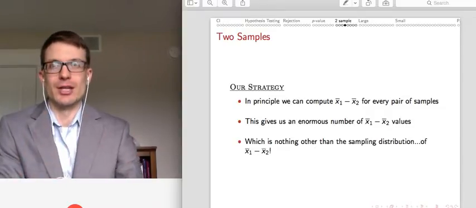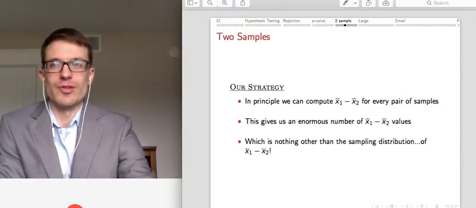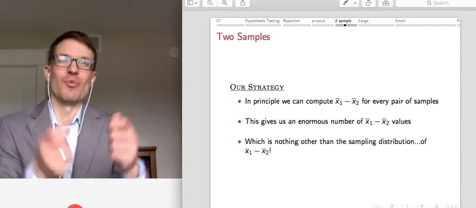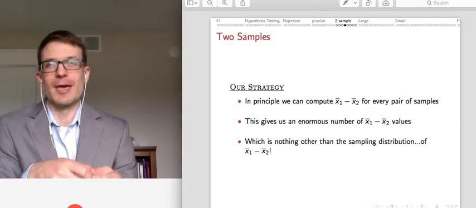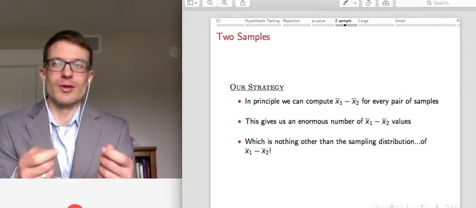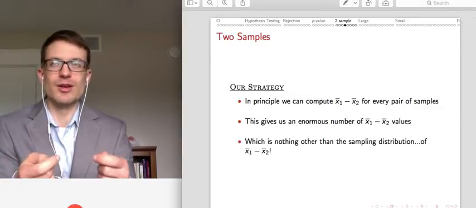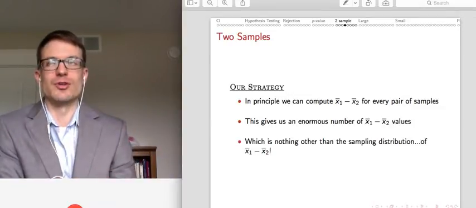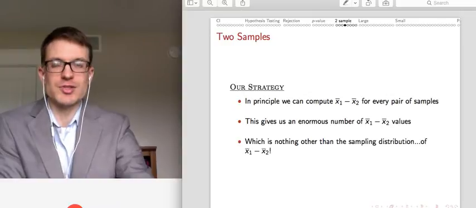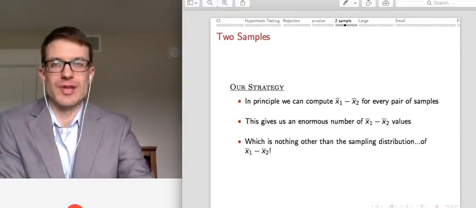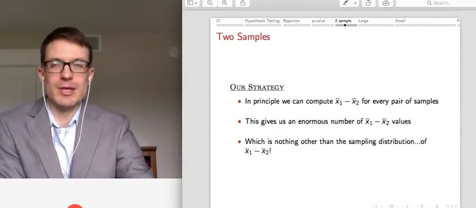In reality, all we need is one set of samples, one from each population, and then one difference in sample means. Regardless, this statistic would have come from that larger sampling distribution of the difference in sample means, though we need not compute all those possible differences of sample means.